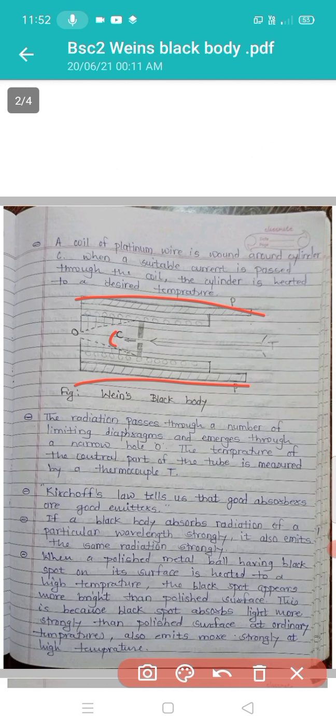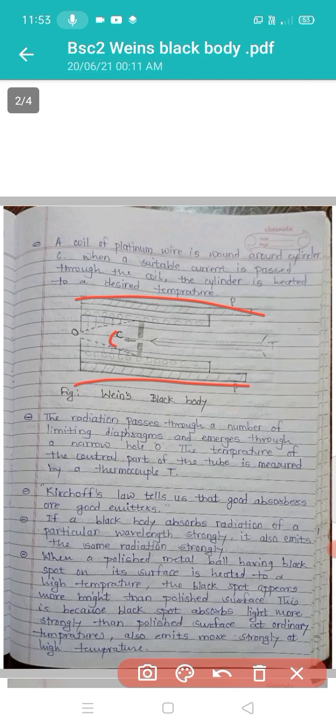A coil of platinum wire is wound around the cylinder C. When a suitable current is passed through the coil, the cylinder is heated to a desired temperature.